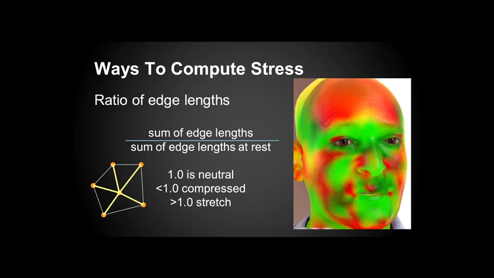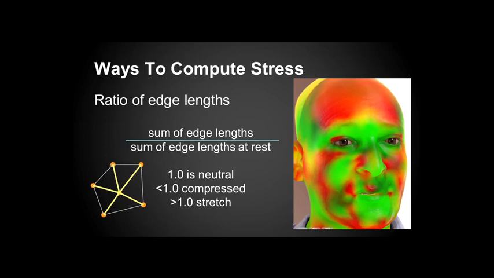So one of the simplest ways to compute this value is to take the ratio of the length of the edges that connect each vertex, which means you're going to get one value per vertex, and you can look at all the edges connected to this vertex. You divide by that same value on the neutral pose or on the rest pose.